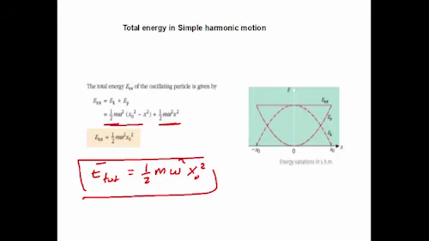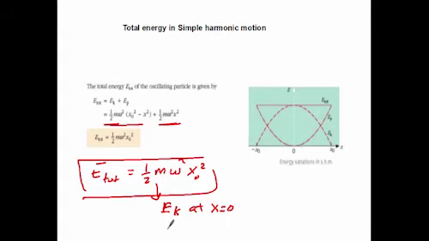Now, again, coming to the graph, you found that this is the same value of kinetic energy at x equal to 0 here. At x equal to 0, kinetic energy is maximum, the same value.